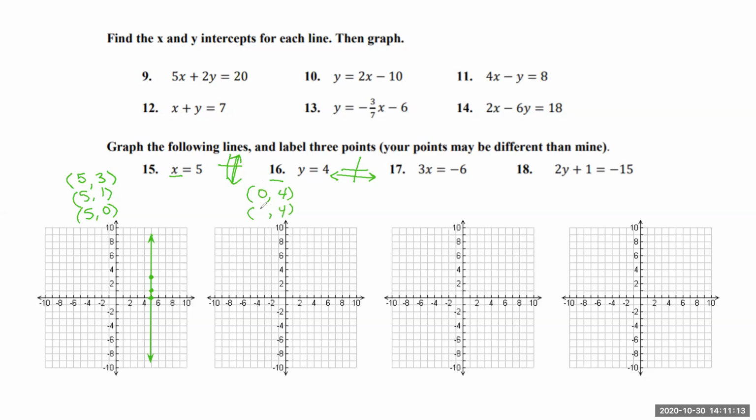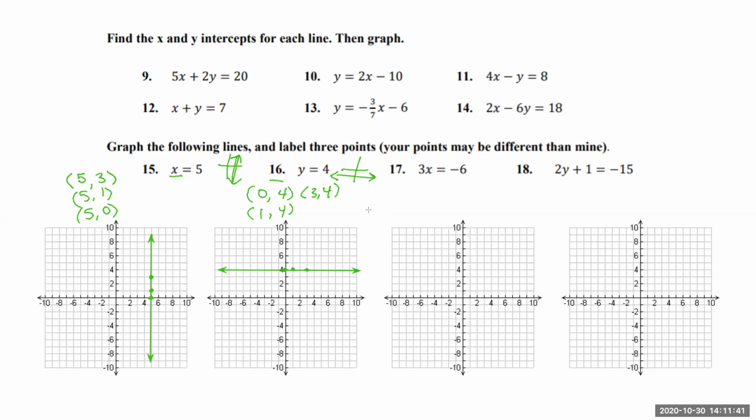So let's go with 0, 4, 1, 4, and 3, 4. Some easy numbers that we can deal with. So then if we go ahead and plug those in, we got 0, 4 here, 1, 4, and 3, 4. And then we can go ahead and just create that graph.